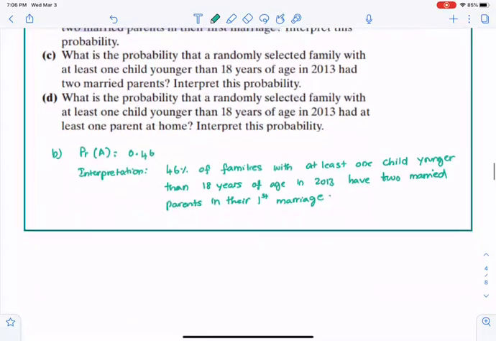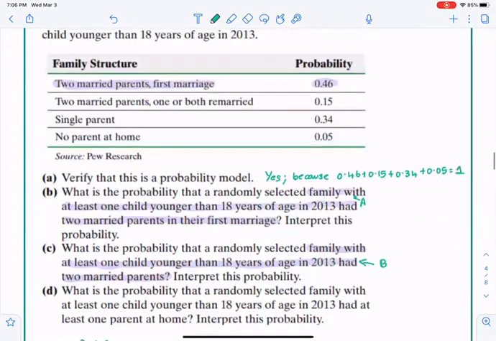Part C, what is the probability that a randomly selected family with at least one child younger than 18 years of age in 2013 had two married parents? So I'll call the entire lengthy statement event B. So probability of B, going back to our table, two married parents.